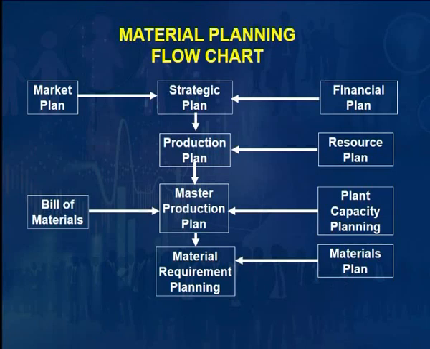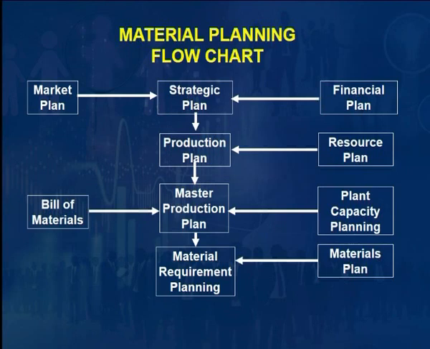The strategic plan will convert into the production plan, that is, what items we have to manufacture and what should be the schedule of our production plan. The production plan again gets data from the resource plan: what resources are required for the production, what human resources, what kind of materials, what kind of plant and machinery, what kind of infrastructure is required.